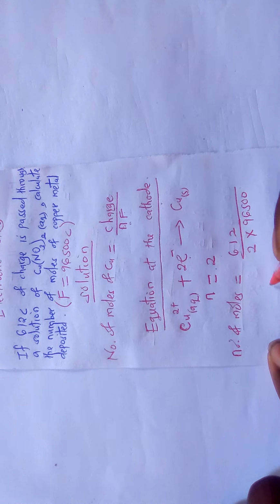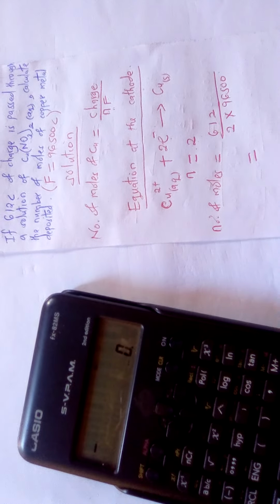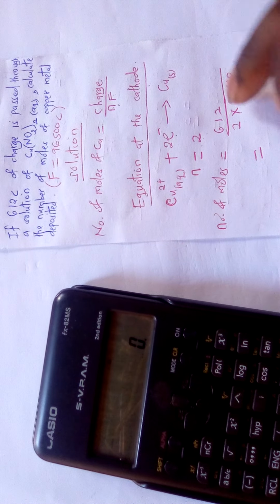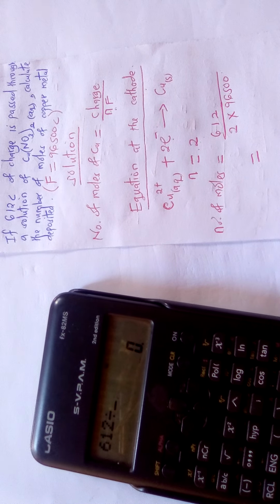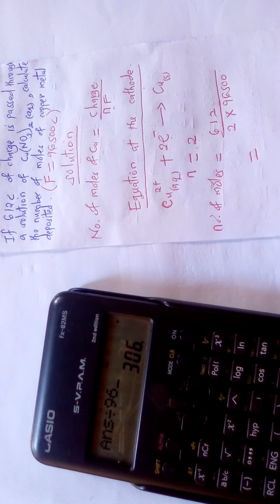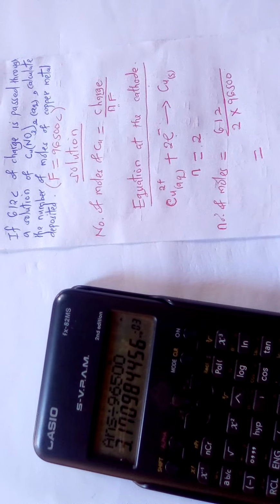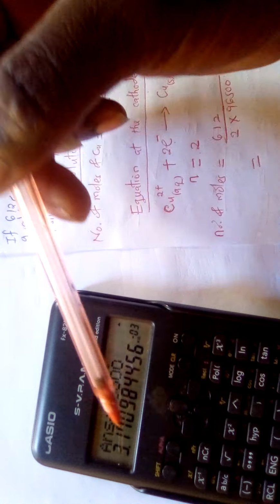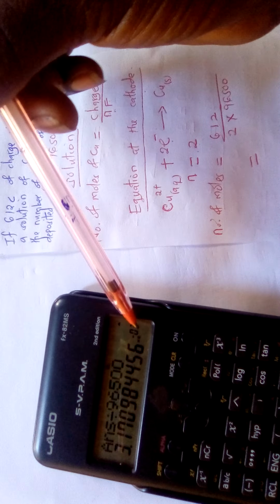The Faraday constant provided is 96,500. When you work this out, you can use your calculator to display the values. So I have 612 divided by 2 times 96,500. When you perform that, you will end up getting 3.17 etc. times 10 raised to -3.